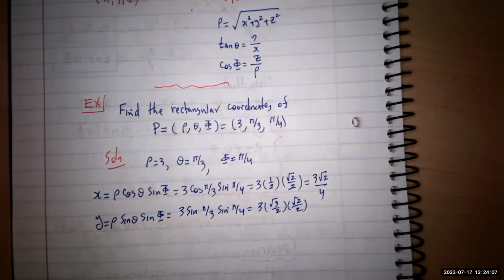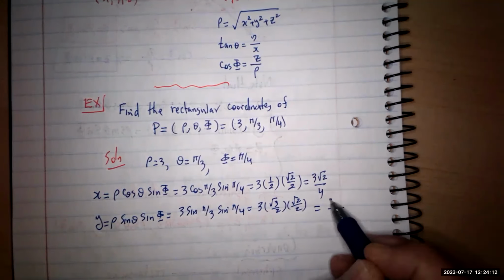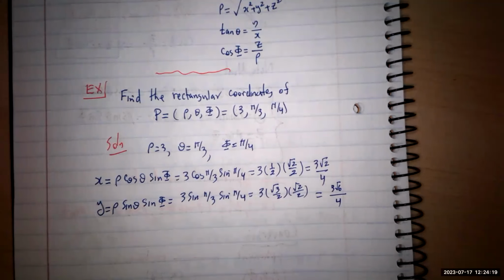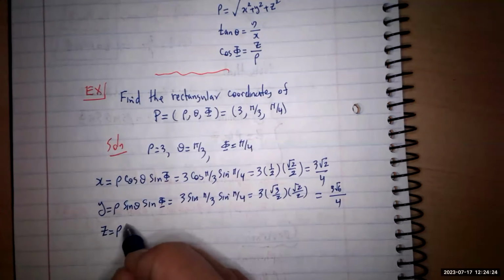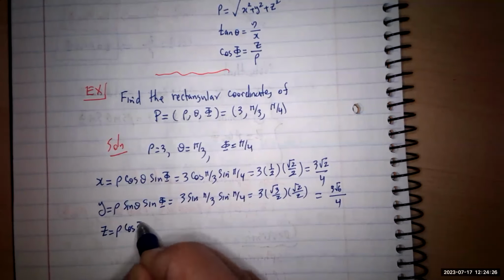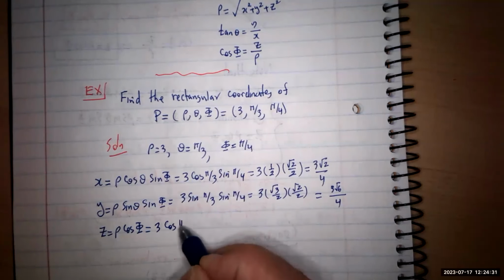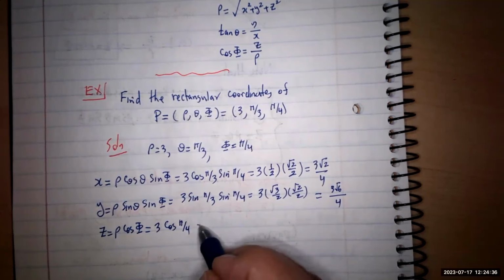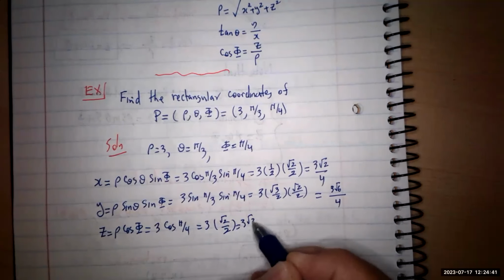So radical 2 times radical 3 would be radical 6, that would be 3 radical 6 over 4. So that's your y. And the z is just rho cosine of phi. Rho is 3, cosine of phi, phi is pi/4. So it's going to be 3 times radical 2 over 2, which is 3 radical 2 over 2.